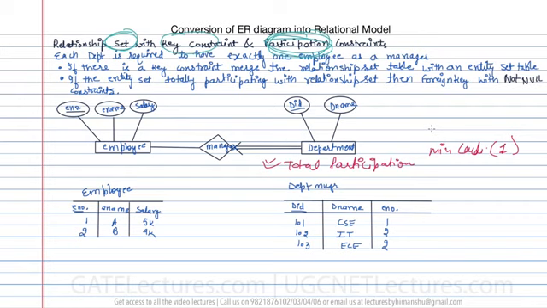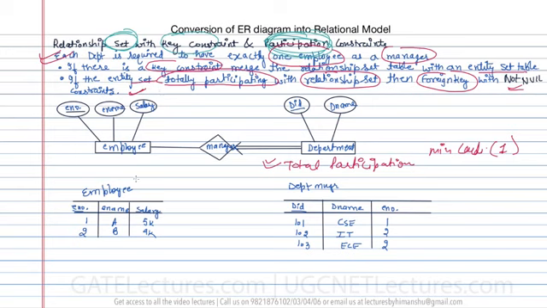Okay, so you can see here each department is required to have exactly one employee as a manager, right? So if this is the requirement and there is a key constraint, merge the relationship set table with an entity set table. If the entity set table is totally participating with the relationship set table, then we are going to use a foreign key with not null constraint.